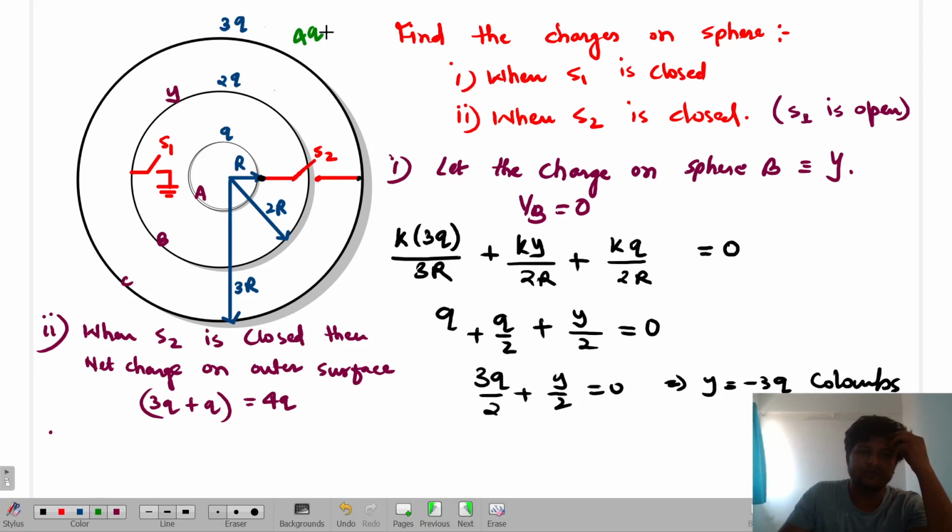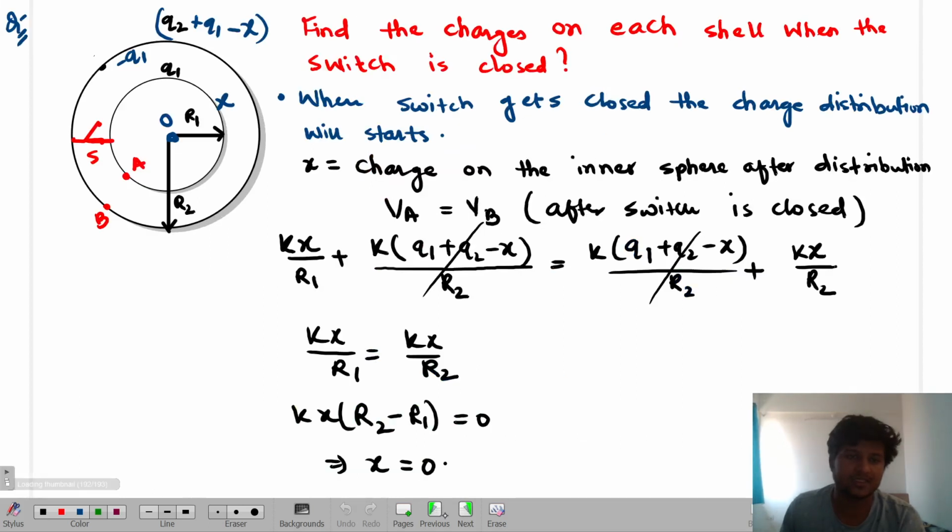And then after that, some charge will be moved out from here to there, like we can consider that some charge will go here and there, isn't it? So then this will be 2q as it is, and this one I'll consider to be X. Is that clear? So look over here.